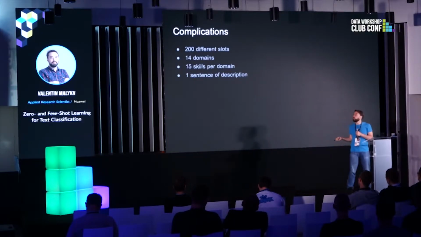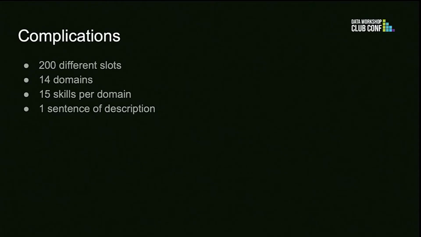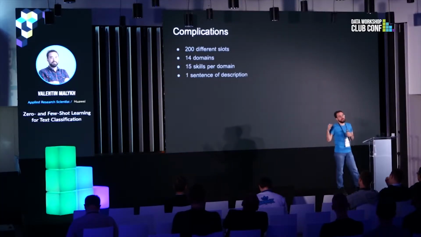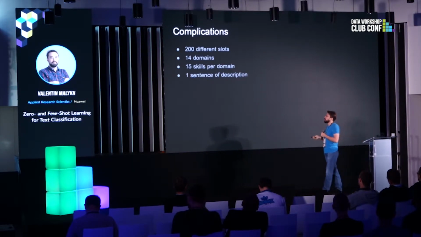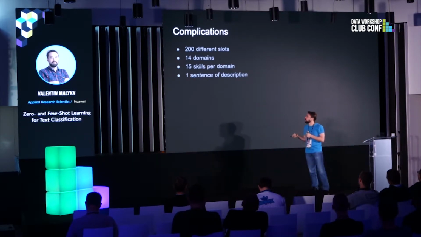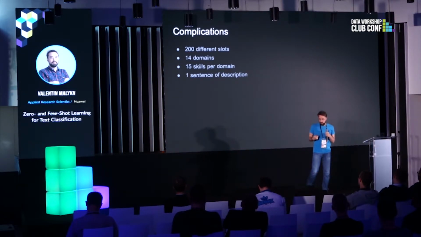So the complications, how the task is formulated. We have 200 different slots. We have 14 domains, like bank, like, I don't know, some alarm maybe, restaurant, movies, and so on. We have 15 slots per domain, and we have only one sentence of description.